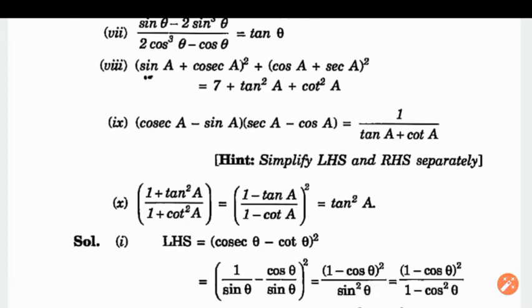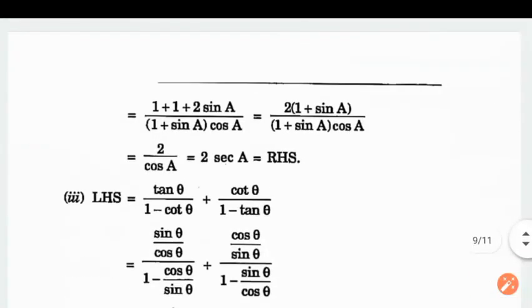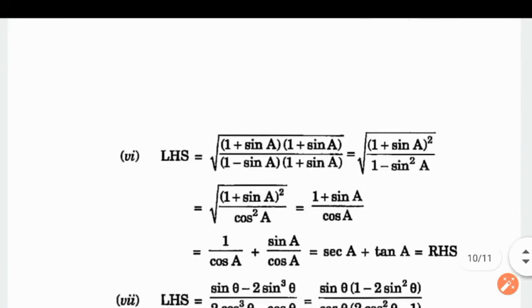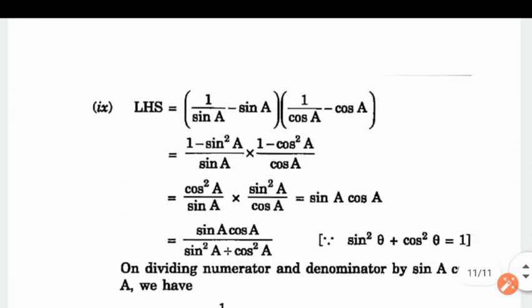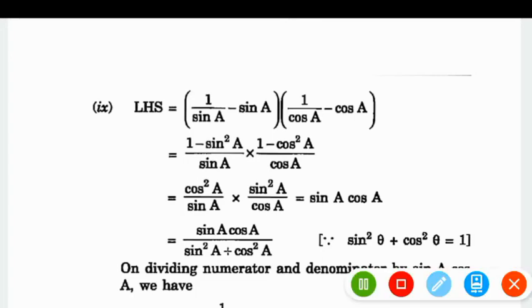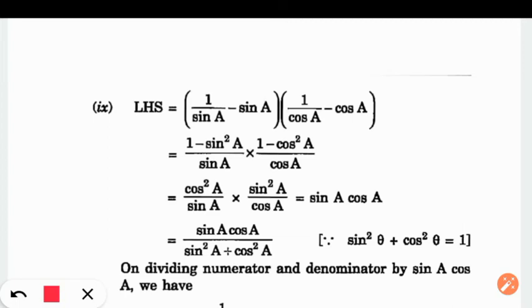We know cosec A is 1 by sin A, sec A is 1 by cos A. So we will do it like that. In place of cosec A we can write 1 by sin A, in place of sec A we can write 1 by cos A.